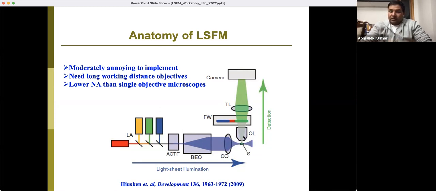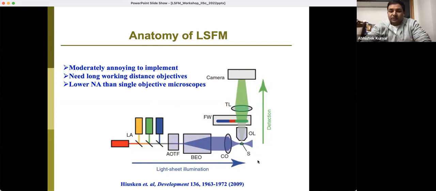And then you need another lens, orthogonal to this illumination lens, to collect that information, because in this case you are trying to capture this entire plane in one go and map it on a 2D detector, which is typically nowadays a scientific CMOS camera. And almost 90% of light sheet microscopes are arranged around this configuration.